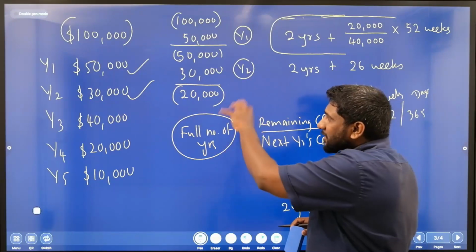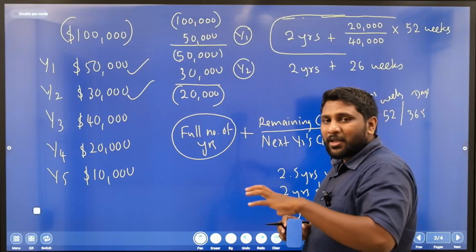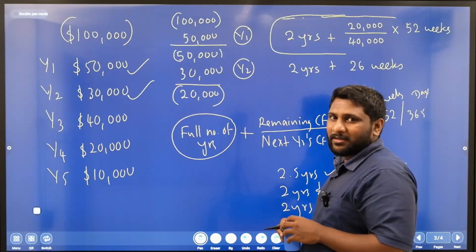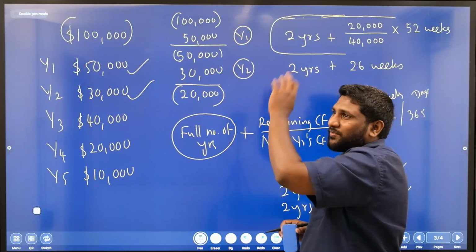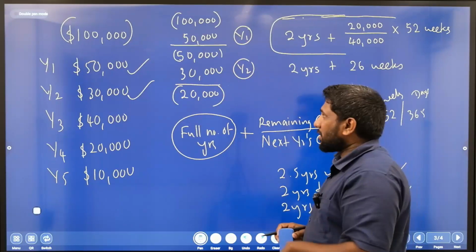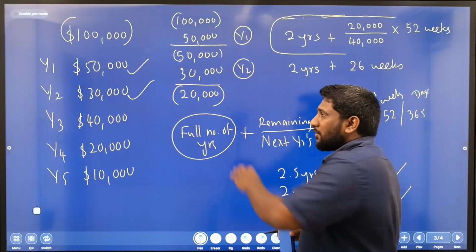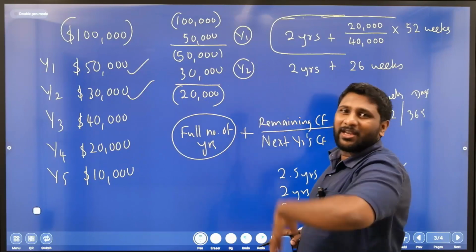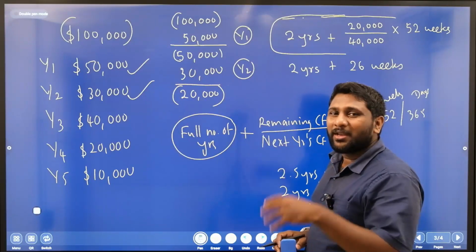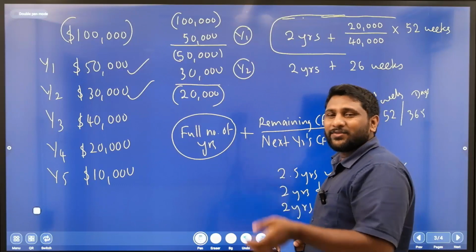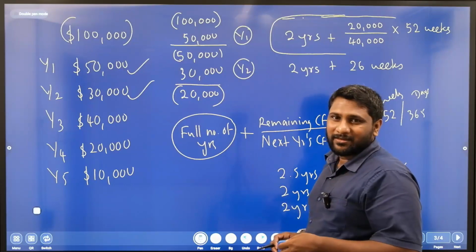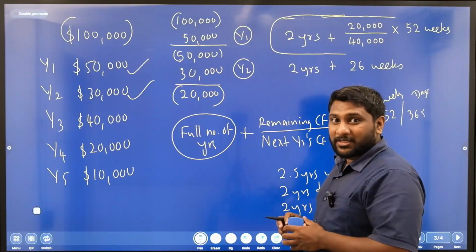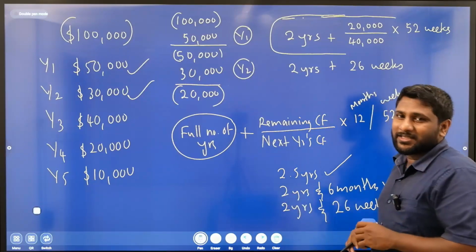Sometimes you won't get easy questions like this. It will become much more complicated than this. Here you know 100,000, first year 50,000, second year 30,000, 80,000 recovered. You need only another 20,000. From 40,000 getting 20,000 means only half, half a year, 0.5 years. If not 26 weeks, if not 6 months. Very simple calculation. But sometimes you won't get easy questions like this.